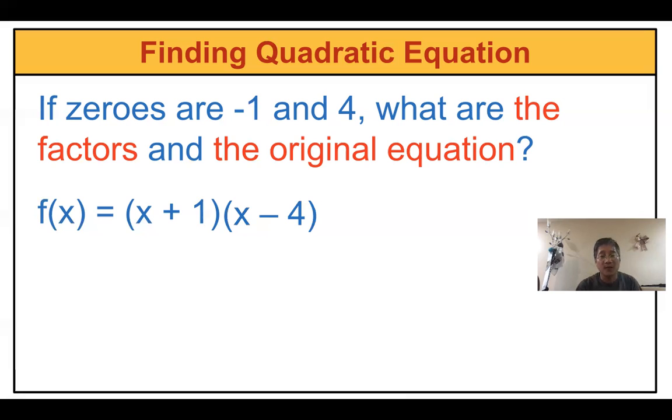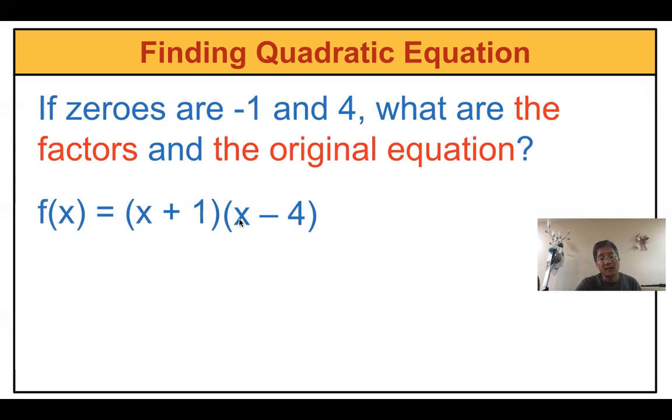Yeah, FOIL, right? You multiply this. So this is a factored form. Yes, this is actually the original equation. Yes, it's correct. But when you are asked to find the equation in the standard form, which is ax squared plus bx plus c, then you need to convert this by FOIL.